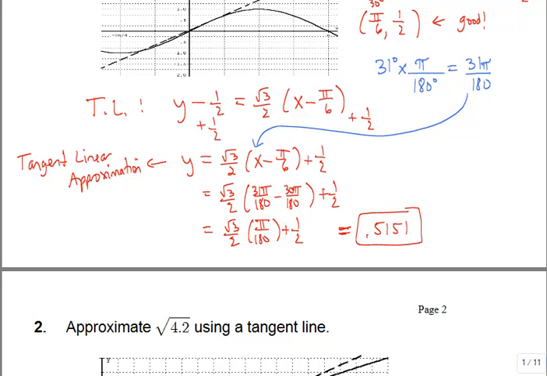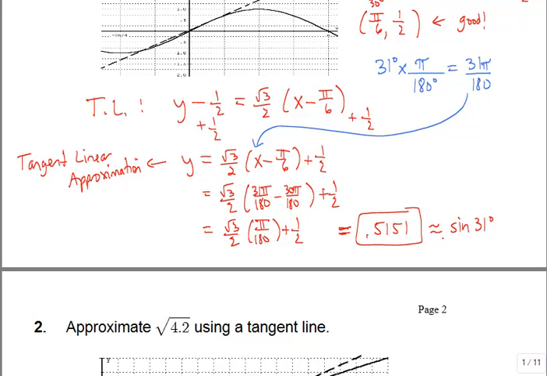So what did we just find? What we found is that this decimal right here is approximately what sine of 31 degrees is. We didn't actually plug in 31 degrees into the sine function. We plugged 31 degrees into the tangent line. And since 31 degrees is close to our 30 degrees, we should be relatively close.